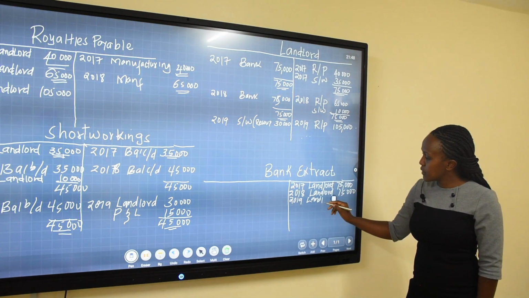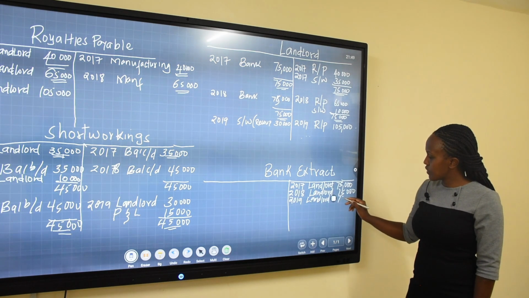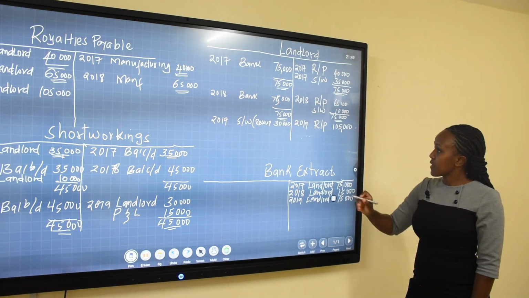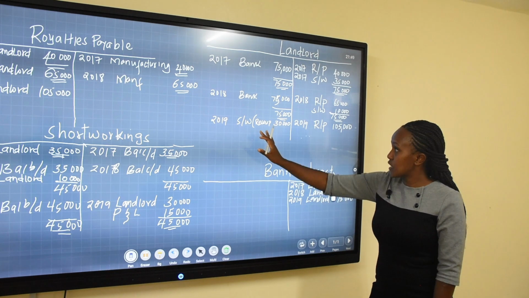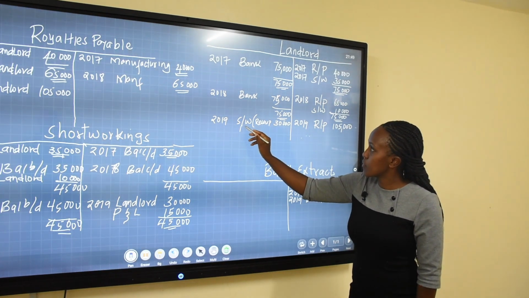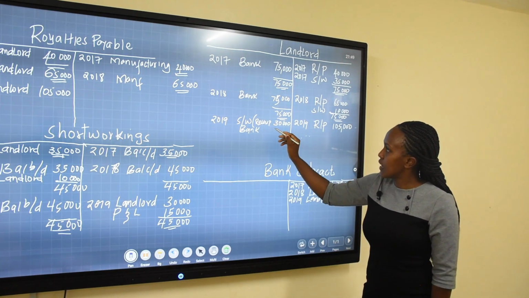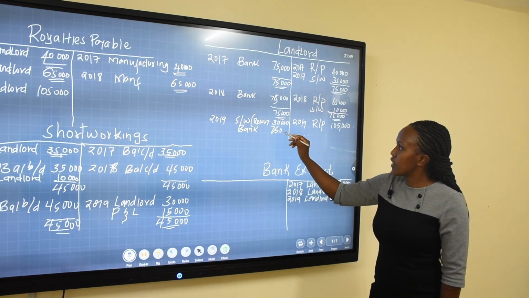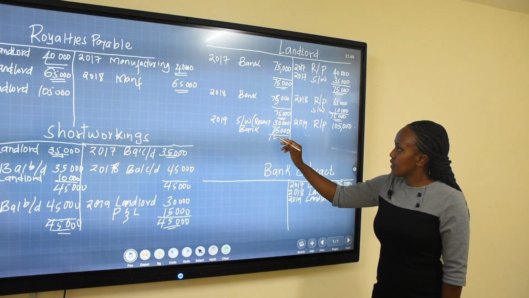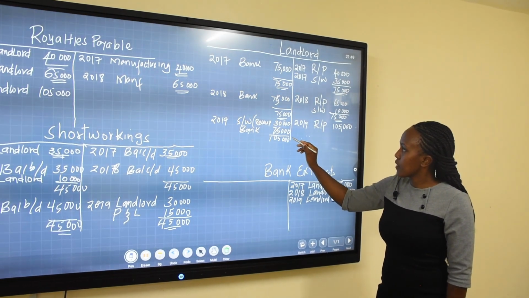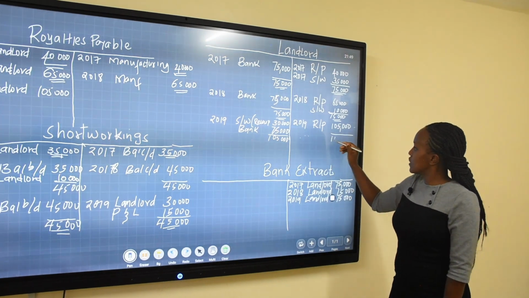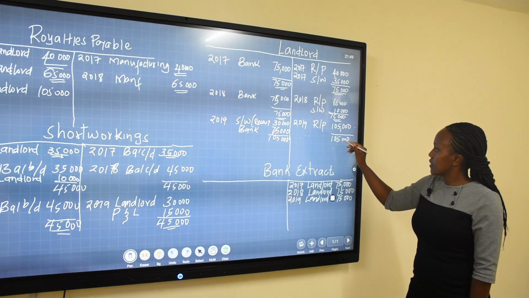We are going to just simply pay him 75,000. So again, to finish the double entry, we come here and say from the bank, we are paying the landlord 75,000. And we finish that year like that.